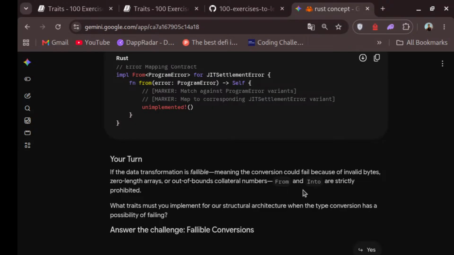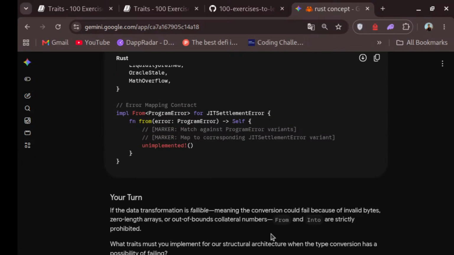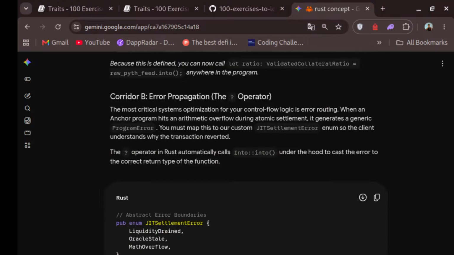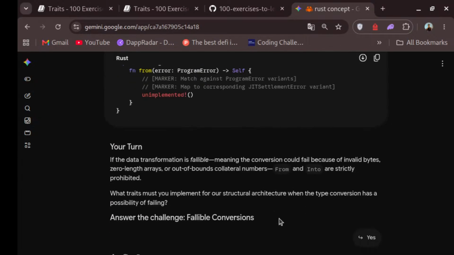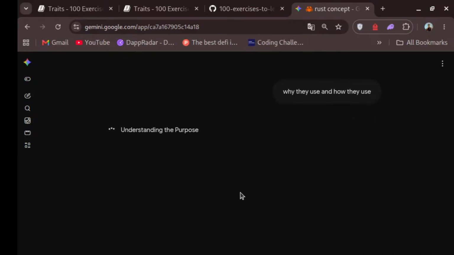We should understand why they use it and how they use it.